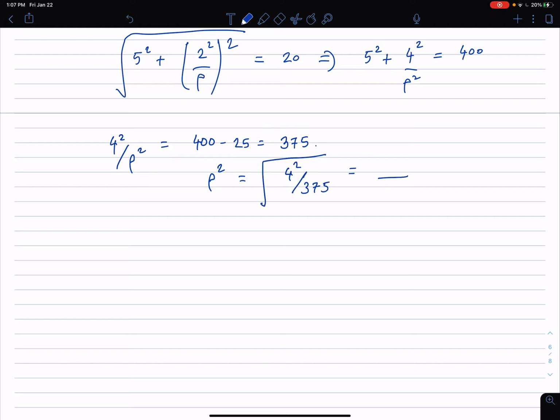Okay, and in your homework and exams, I do want you to compute the decimal representation. Yes, you're of course allowed to leave the answer as this, and we will give you full points if you do that.